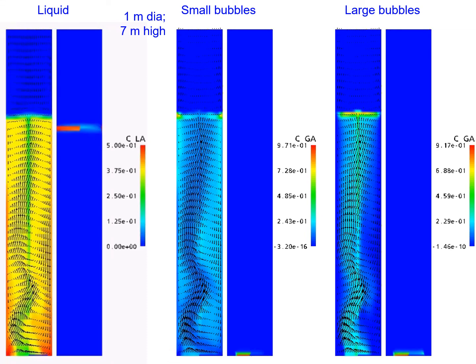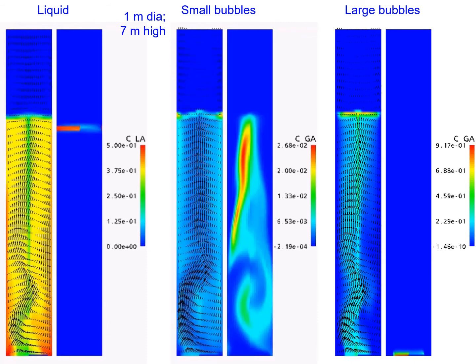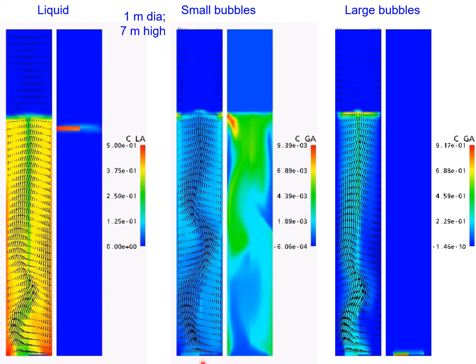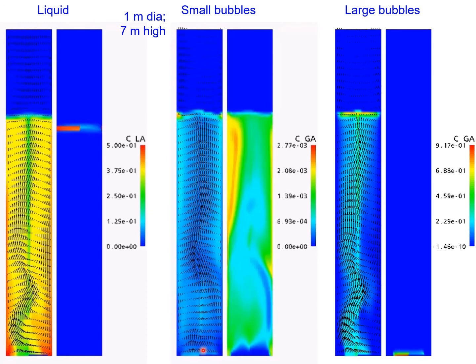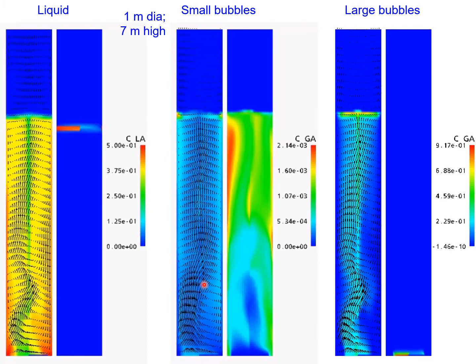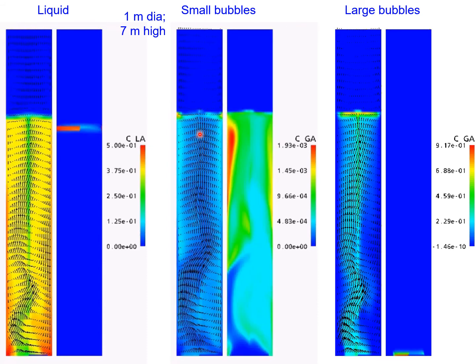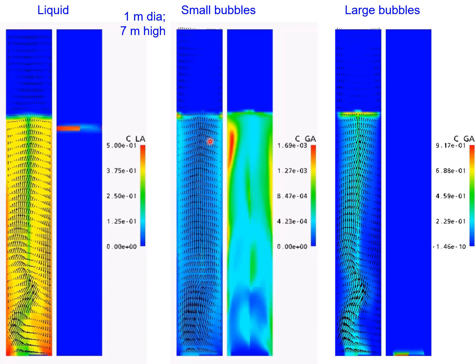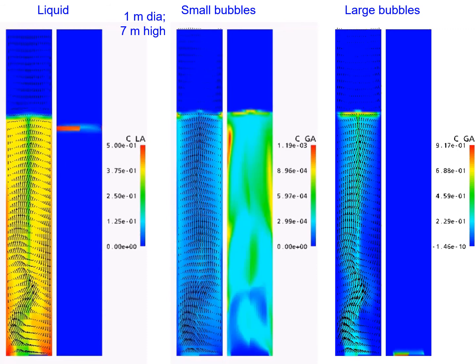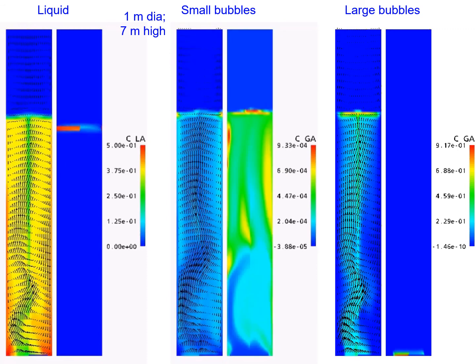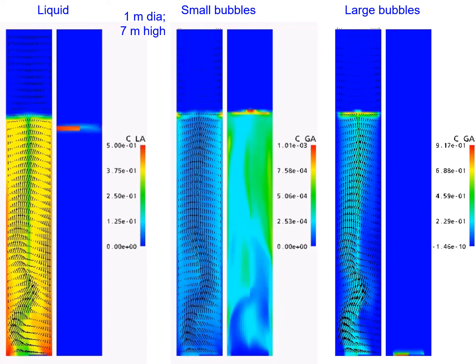If we now look at the motion of the small bubbles, they generally tend to follow in the same direction as the liquid phase. In other words, the small bubbles go up through the central core region and down the walls.